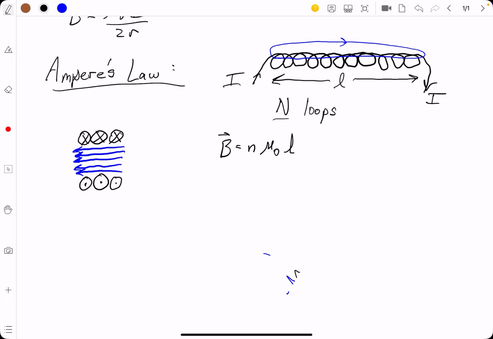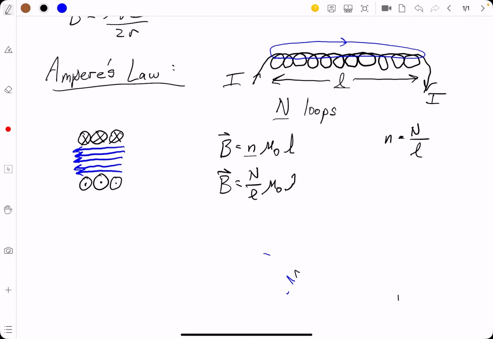Now if you notice, this doesn't say N and this doesn't say N, and that's because little n is equal to the number of loops per length. So we have to take the total number of loops and divide it by the length of the object. So if you don't want to deal with this little thing, you could just say this.